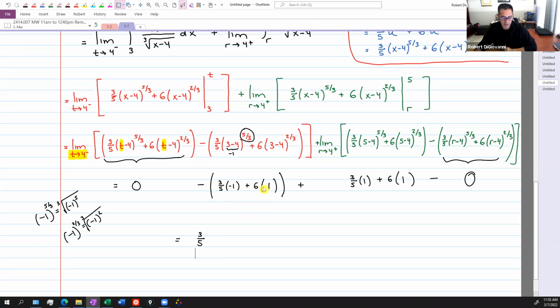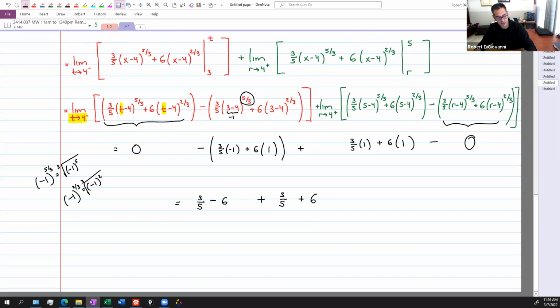And this is going to be 6, but I'm subtracting it, so that's -6. And then over here, I have 3/5 and plus 6. The 6's cancel, and 3/5 plus 3/5 is 6/5, which means we have convergence.